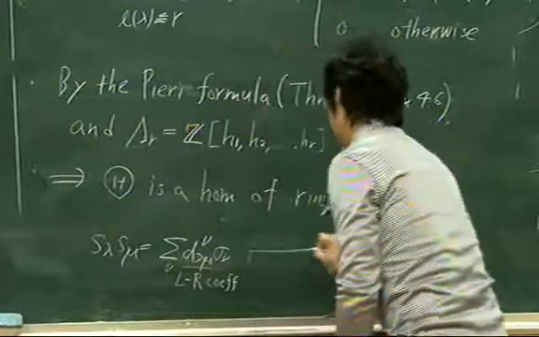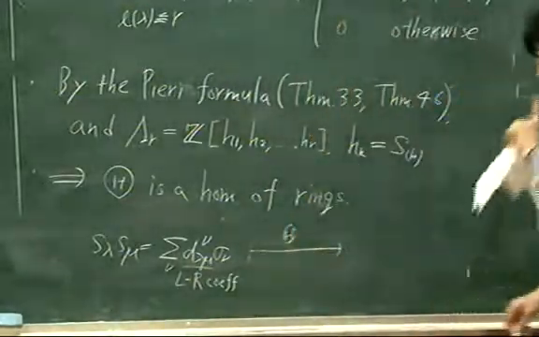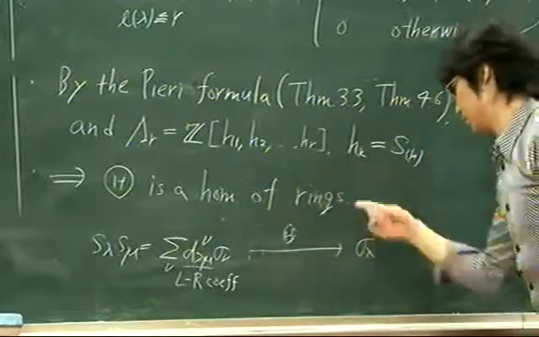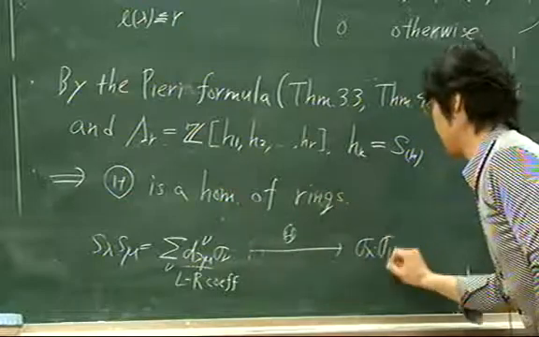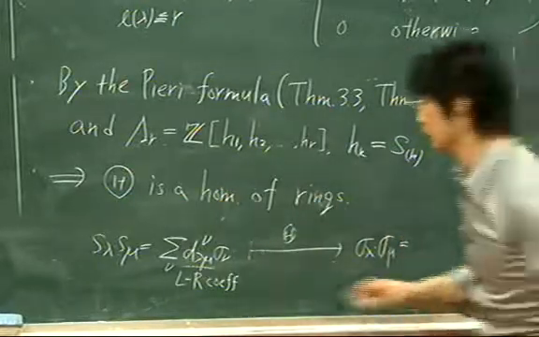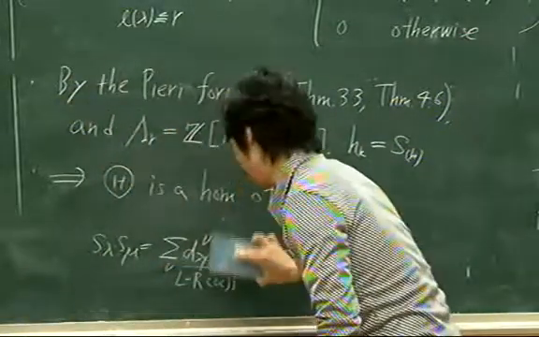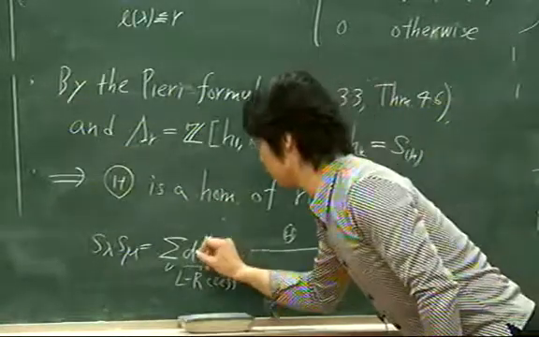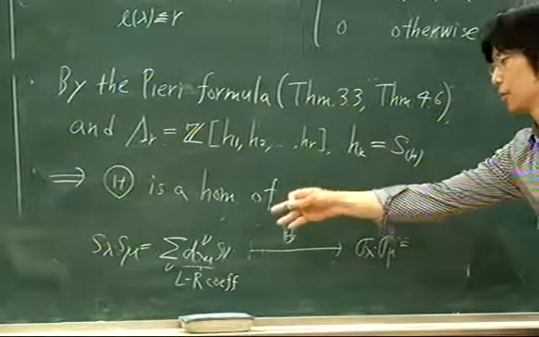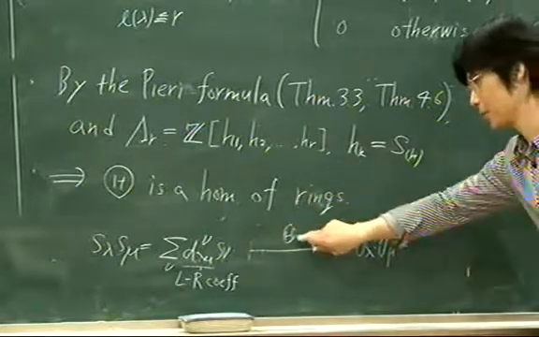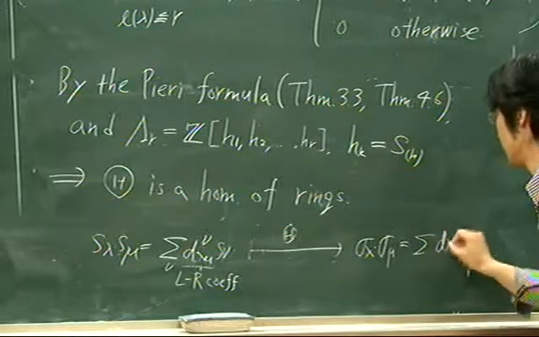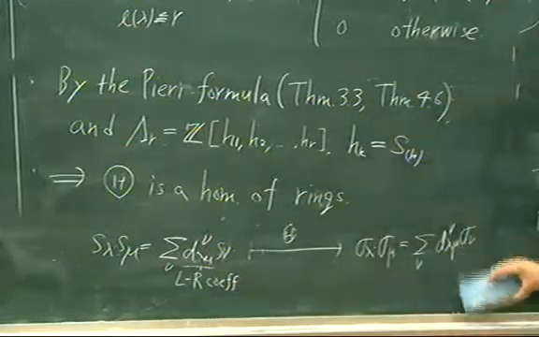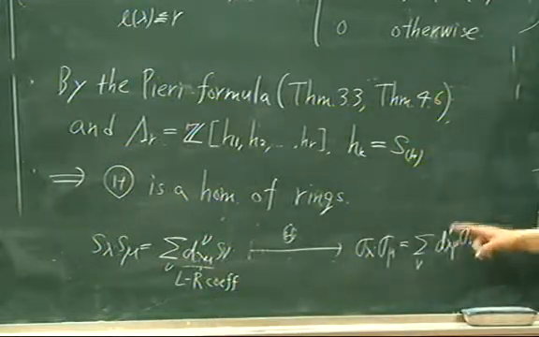And we send this relation by theta. By definition, S lambda sends to sigma lambda, S nu sends to sigma nu, and so we obtain the sum of d lambda mu nu sigma nu. Therefore, the structure constant is given by the LR coefficient.